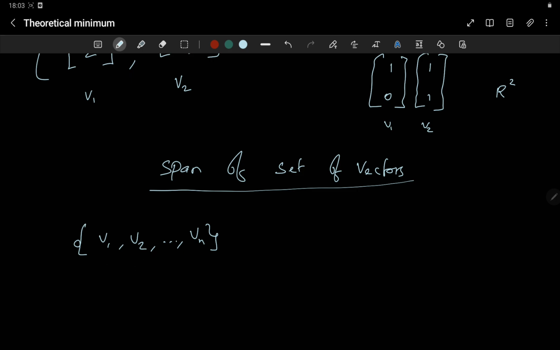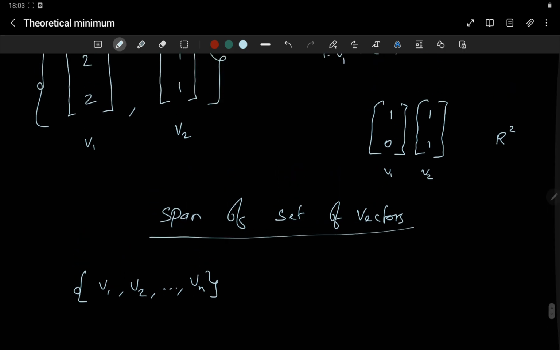All the possible output vectors are the span of these vectors. So for example, in this case, v1 and v2 are the set. The span of v1 and v2 is R2, because we can reach any point.